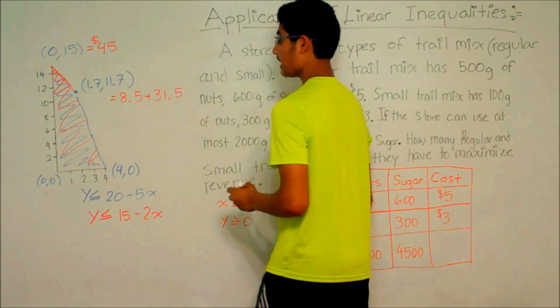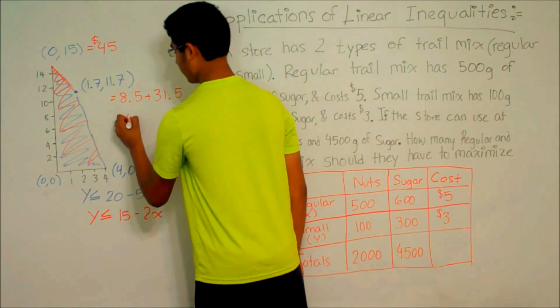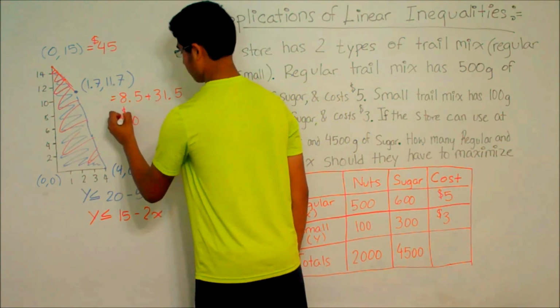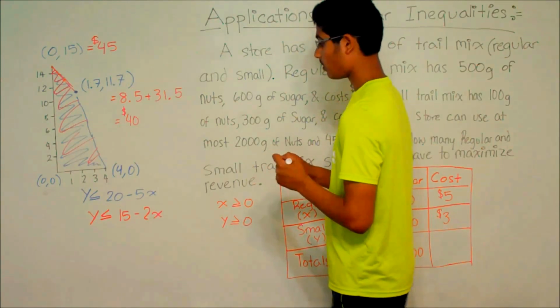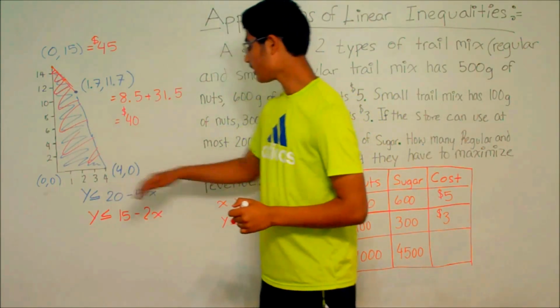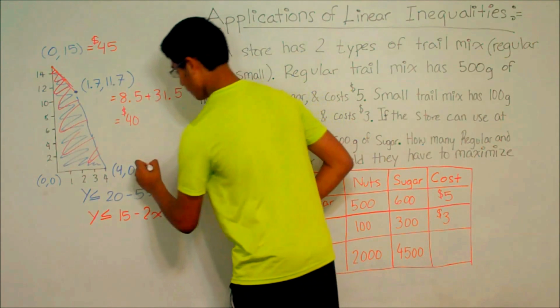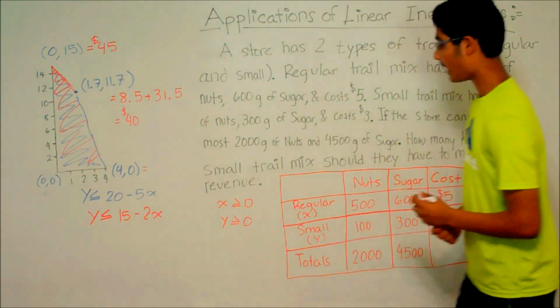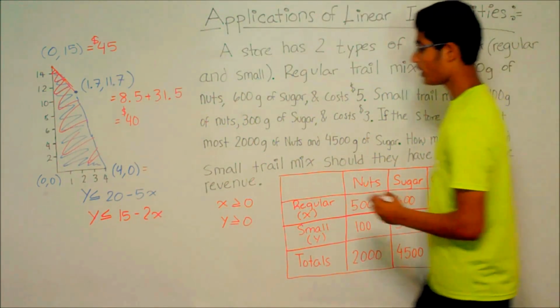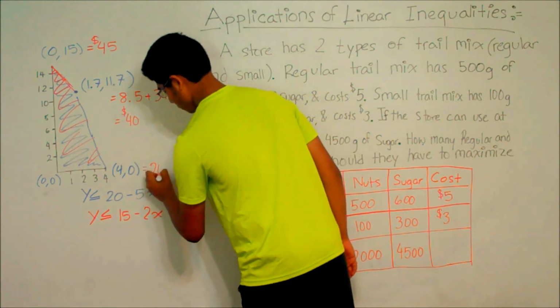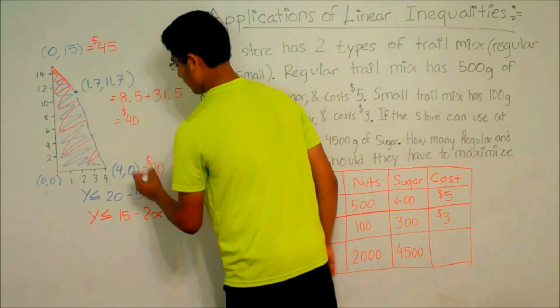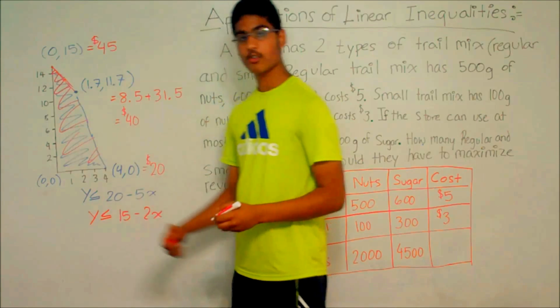So that means that the total is $40. 4 regular and 0 small makes 4 times 5, which is $20. And 0 regular and 0 small makes $0.